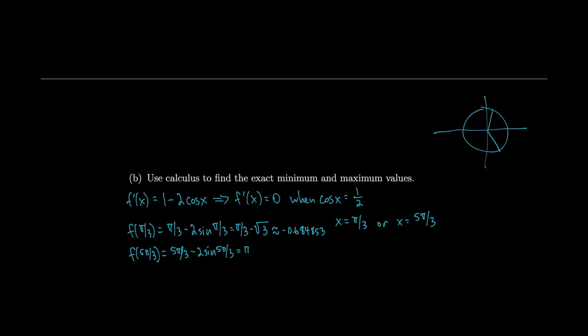So that's 5 pi over 3, but in this case, sine is negative over there. So that means that this is minus a negative, so it's plus rad 3. Alright, so that's about 6.968039 if you use a calculator.